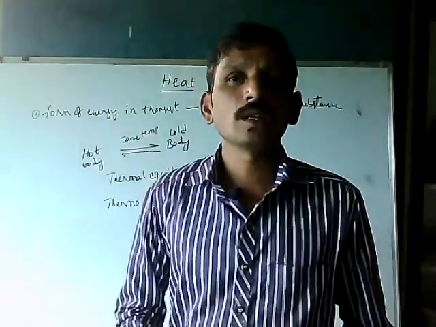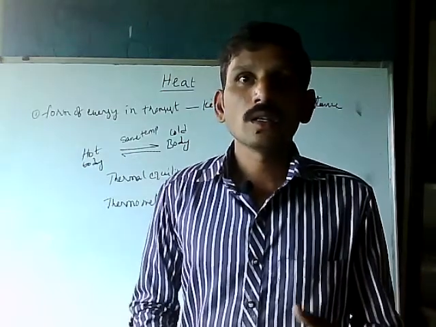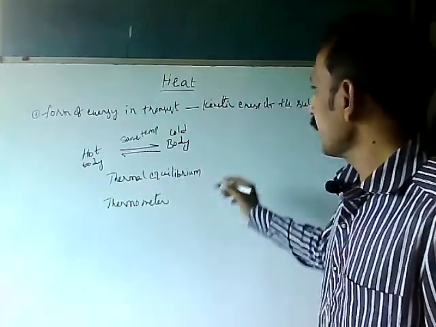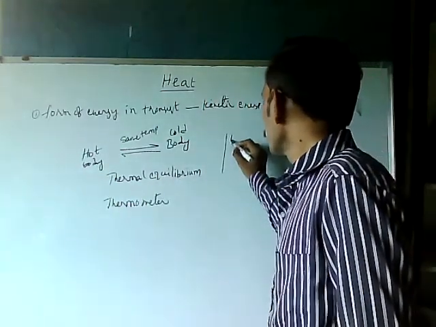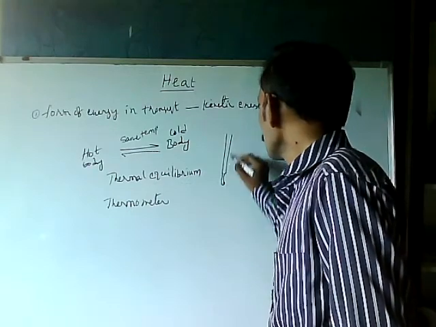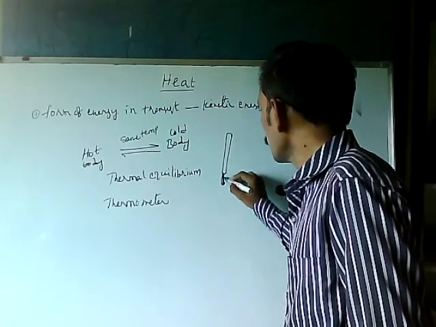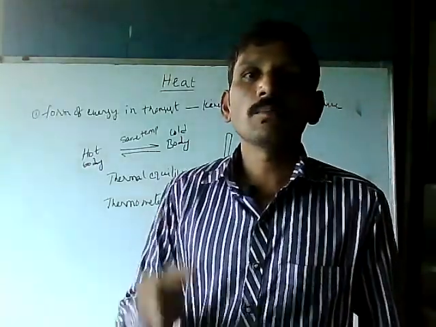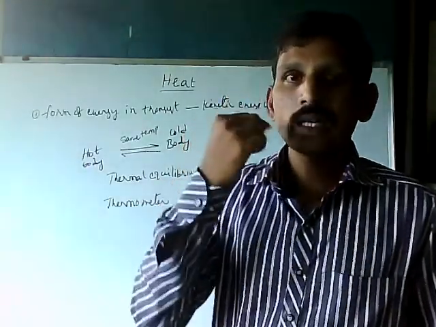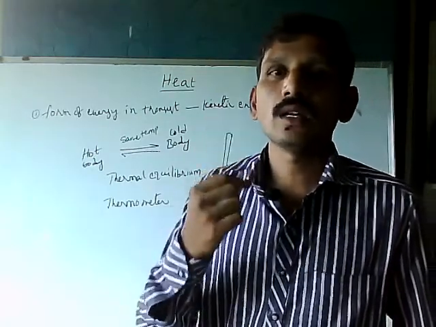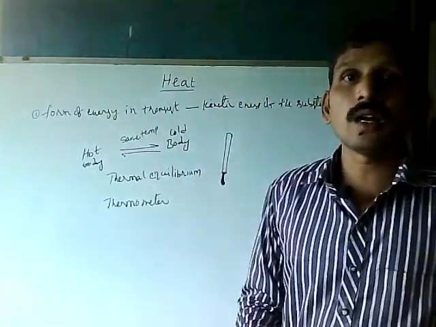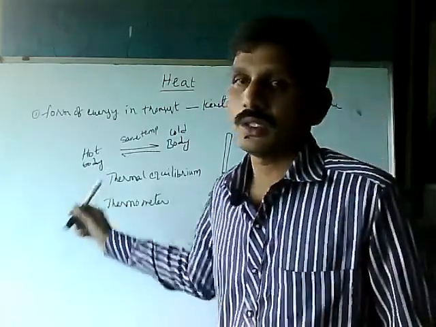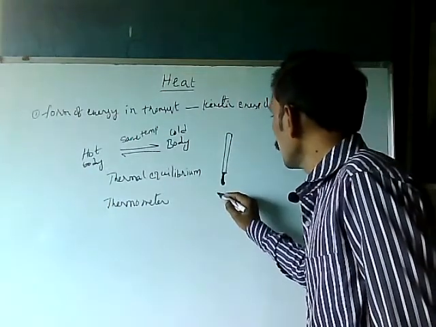In olden days, the clinical thermometer had a mercury lead, and the mercury is placed in the mouth. When it touches the tongue or our skin, the thermometer comes to the temperature of the human body.